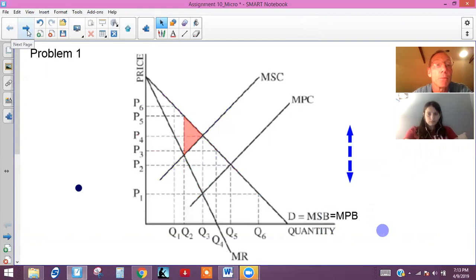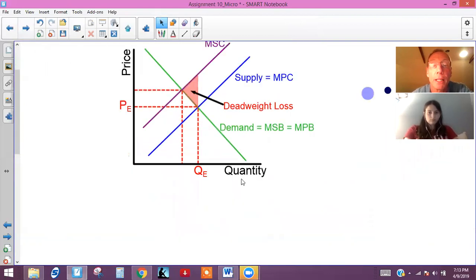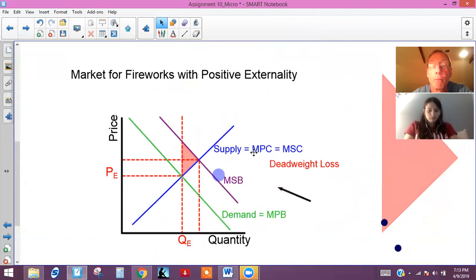And just to take that one step further, if there's a positive externality, then marginal private cost equals marginal social cost. There's only one supply because now there's a positive externality, which means we've got 2 demands, right?